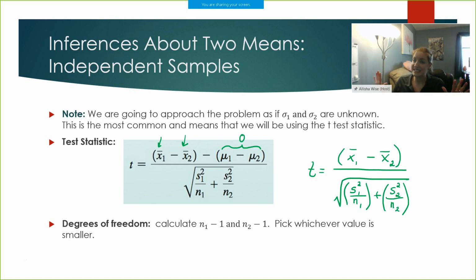What we need to do instead is pick whichever value is smaller. So you're going to pick the smaller sample size, which in our case would be the 36, and subtract 1. That'll be your degrees of freedom. Always choose the smaller sample size and subtract 1. Okay?